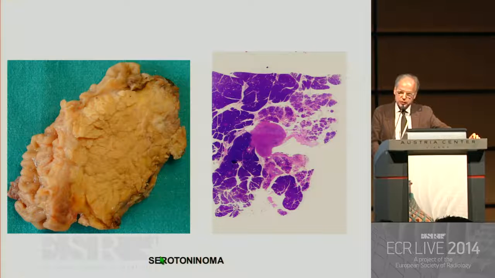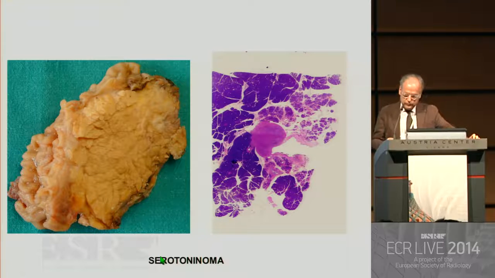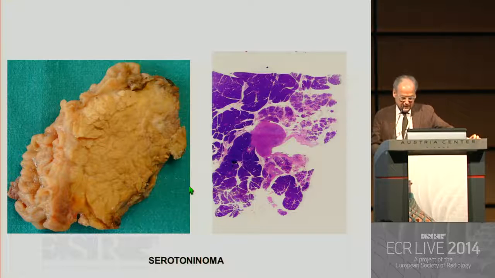It could be functioning, but as you know, this type of tumor does not produce enough hormones to cause symptoms. But they can produce hormones to induce fibrosis. And in fact, this was this case. This very small tumor produced fibrosis like the carcinoids we see in the bowel.